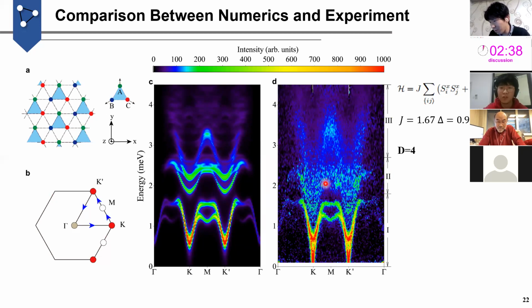Oh yes, you mean that in the iPEPS case, very weak intensity or zero intensity appears in the zero energy region around the K and K prime points. Why does such a discrepancy appear? Oh right, these are good questions. You mean that the experimental finding is more diffusive than our model. Our model is more coherent.